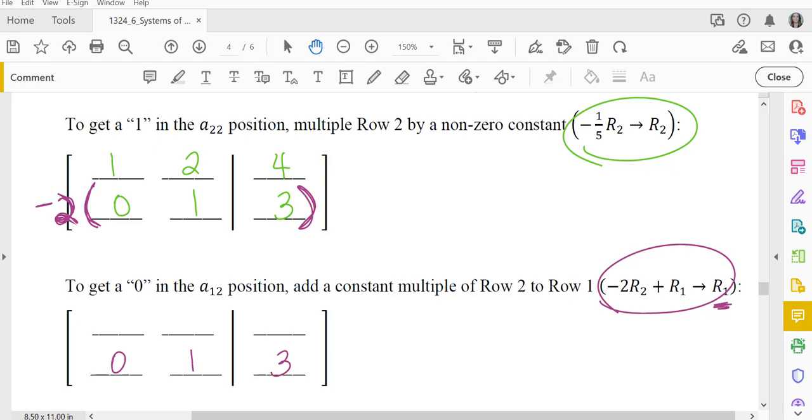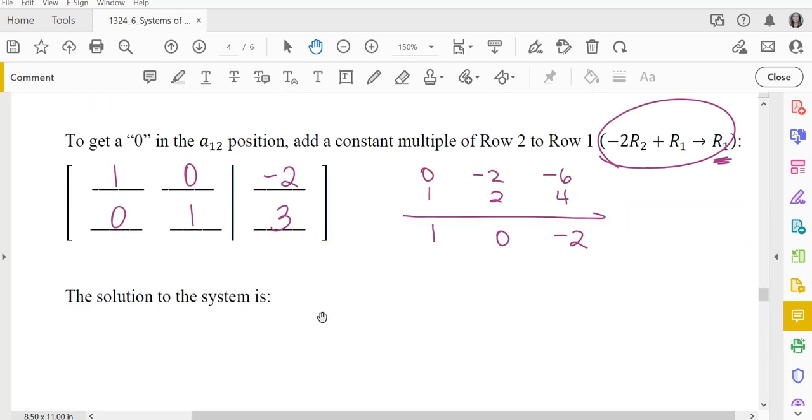Okay, now I have to do -2 times row 2, which is going to be 0, -2, -6. If I add that to row 1, I get 1, 0, -2. All right.